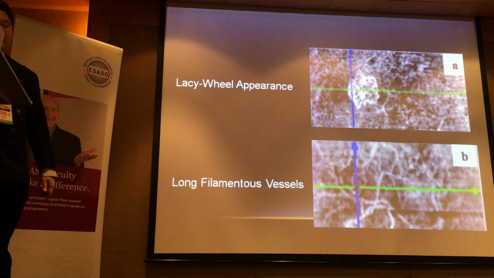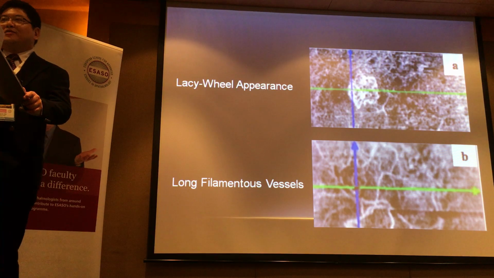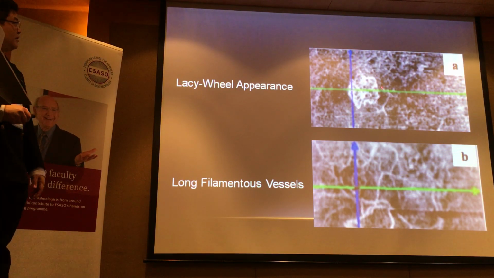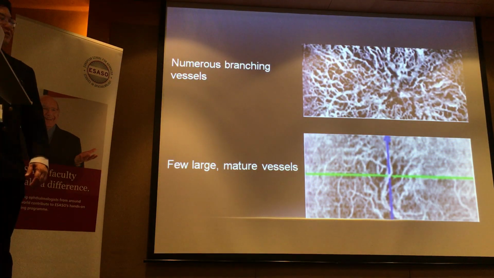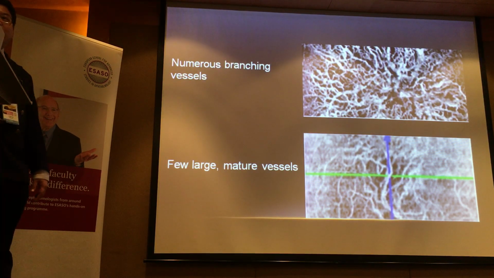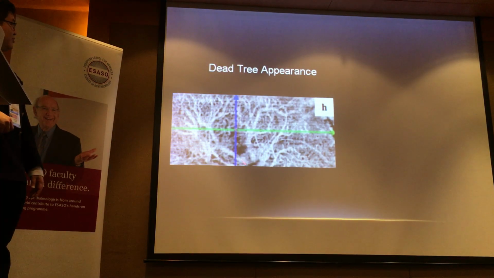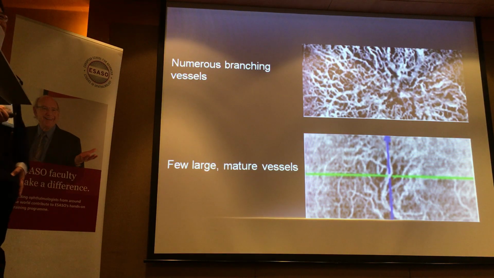So this is described as a lacy wheel pattern. I apologize for the image quality, but this is the best I could get from the article itself. But it looks like there's a lacy pattern, long filamentous vessels, numerous branching vessels, a few large mature vessels, a dead tree appearance. Now, actually, frankly, I'm not sure how it is different from this one, right? Okay, fine.